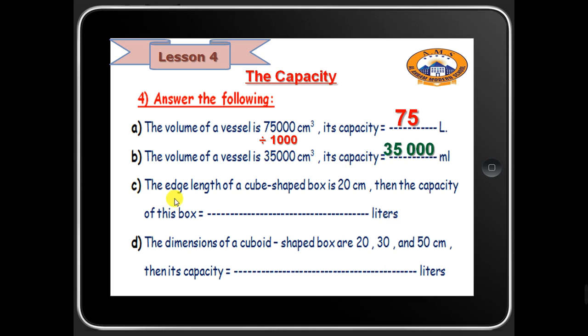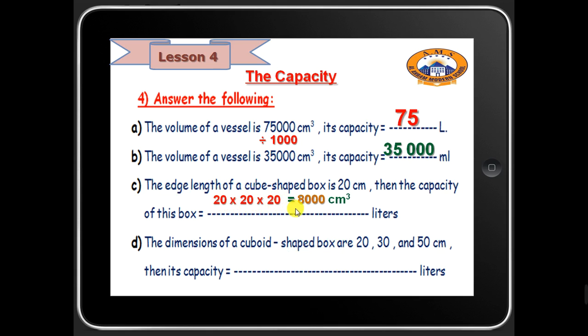Okay, another one, the edge length of the cube-shaped box. He gave you that the edge of the cube is 20 centimeter. I want you to calculate the capacity, but in the liter. First, let us calculate the capacity of the cube by multiplying the edge length times itself.